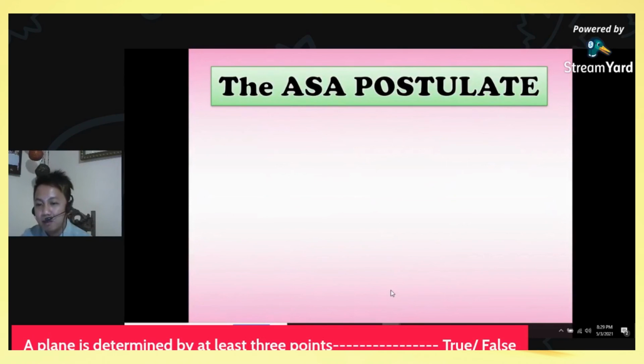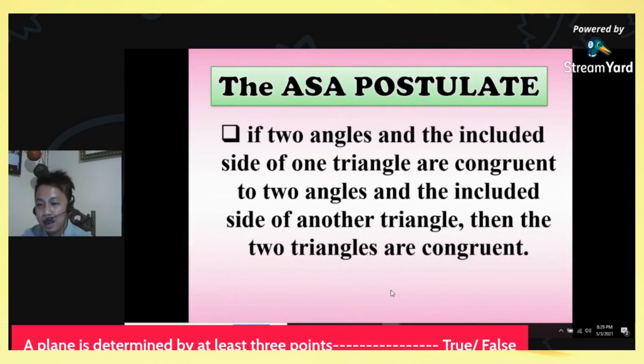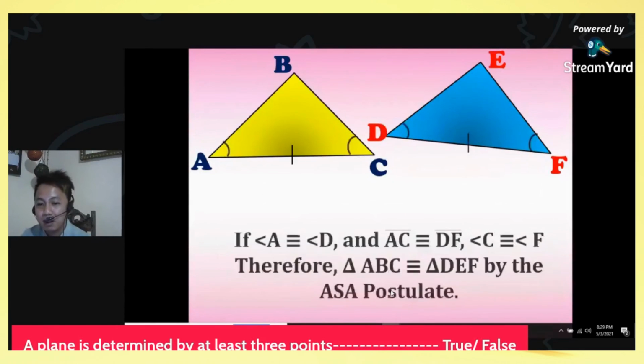Next, the ASA postulate. If two angles and the included side of one triangle are congruent to two angles and the included side of another triangle, then the two triangles are congruent.